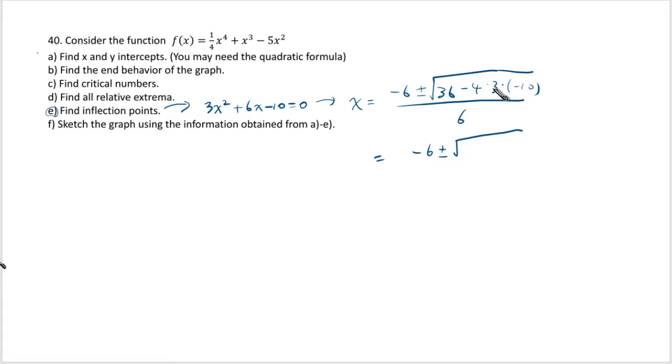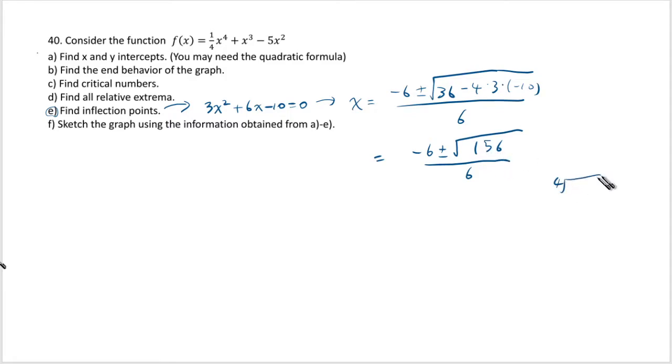And then this is positive 12, 120, 156 over positive 6. Now it's important to simplify this. 156 is divisible by 4.